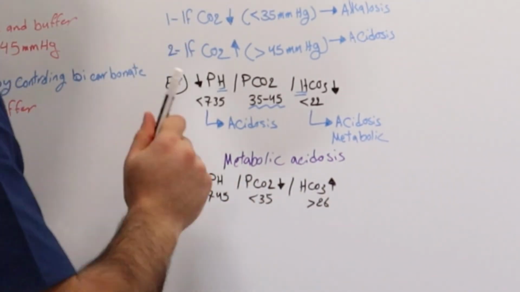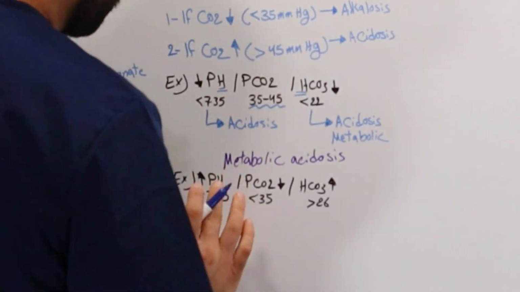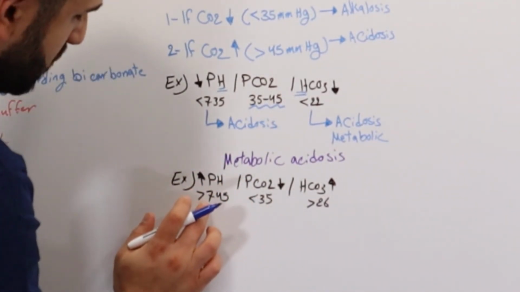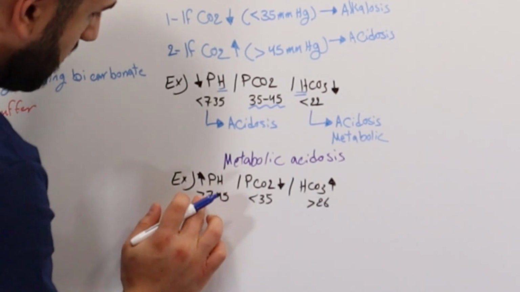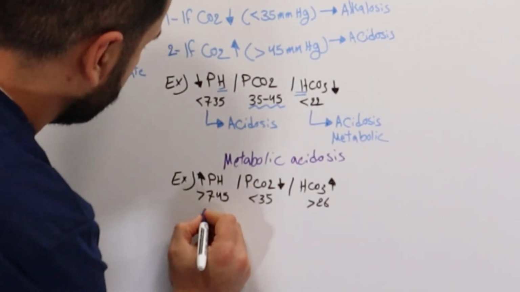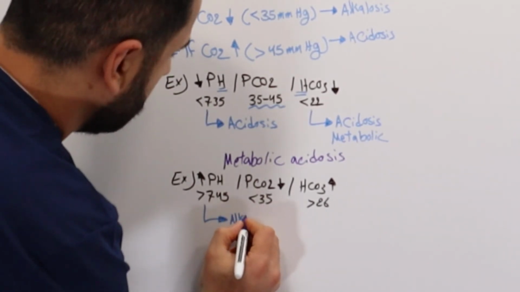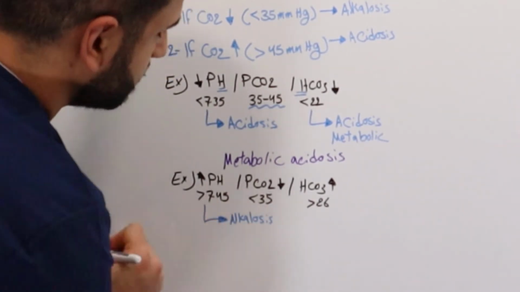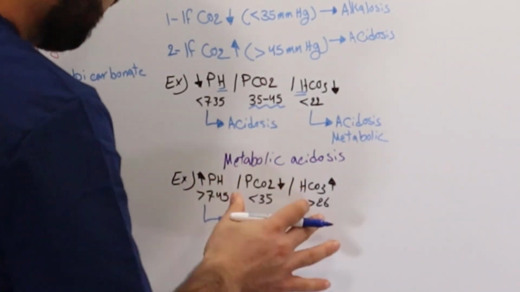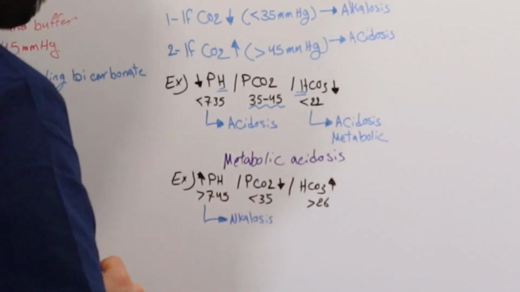So number one, I said we look at the pH. So what do we have over here? Because the pH is increasing, it's going to be alkalosis. And after that, we look at the CO2 and HCO3.